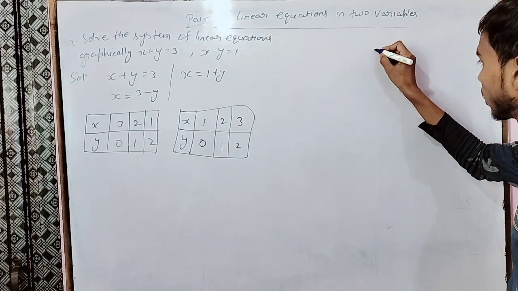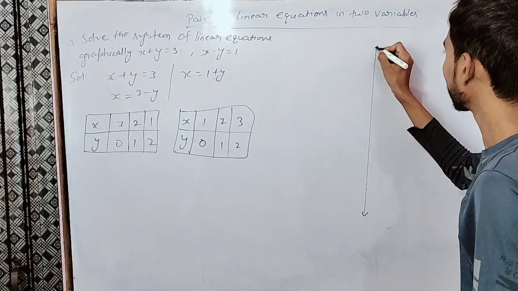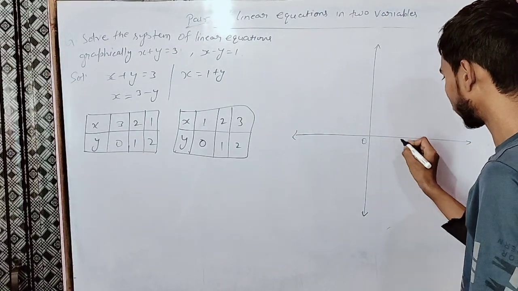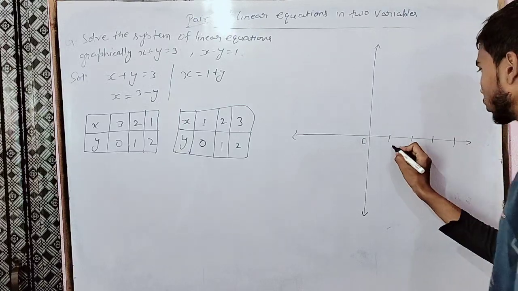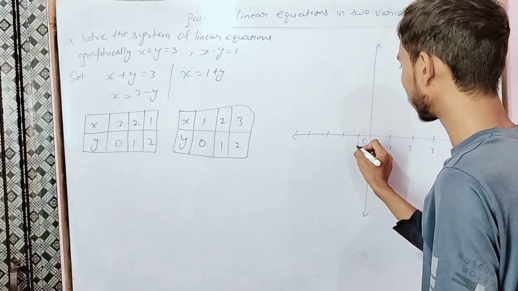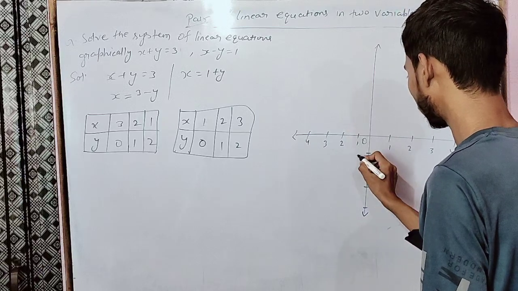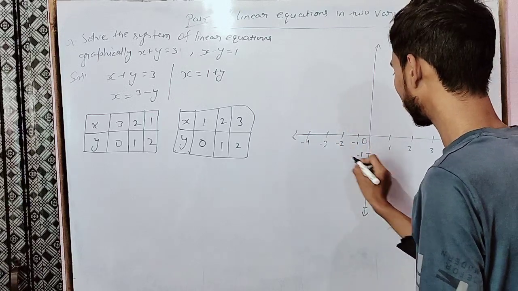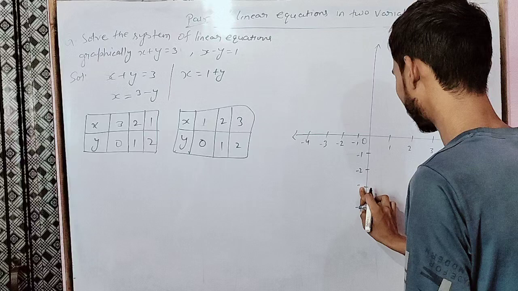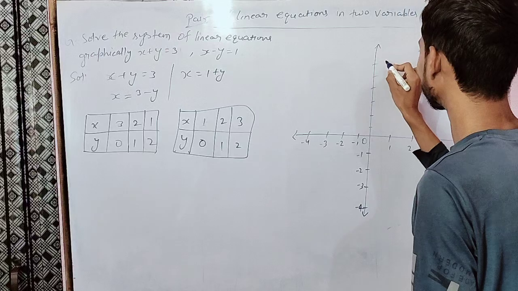Now we are drawing a graph. Look at this. From here you will get clarity. 1, 2, 3, 4. One, two, three, 4, 5, 6, 7.